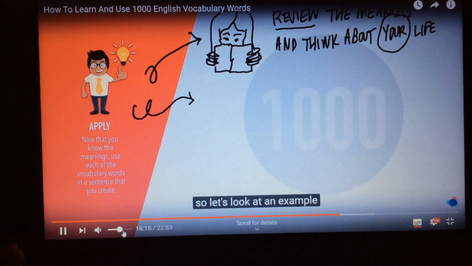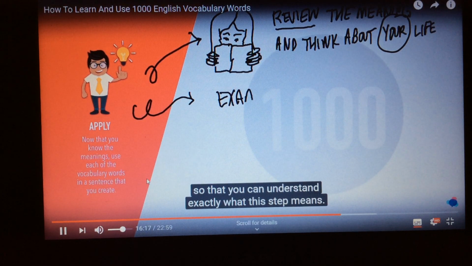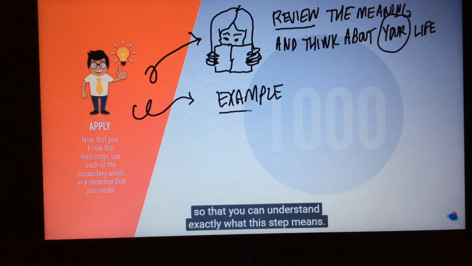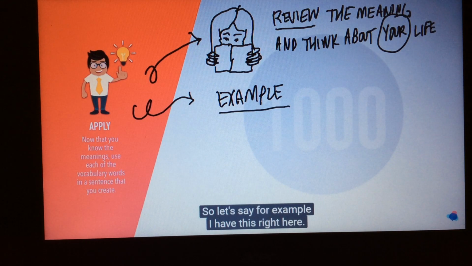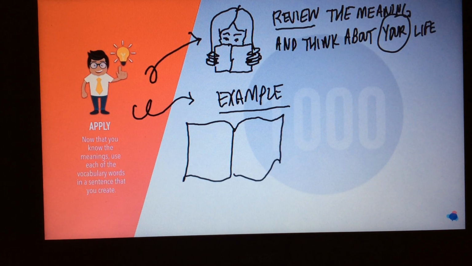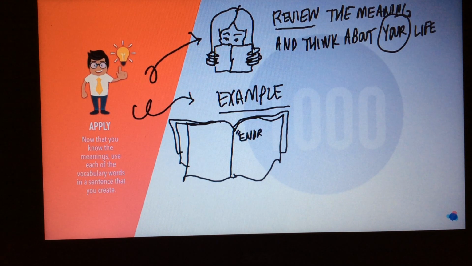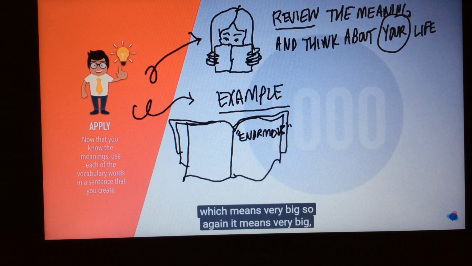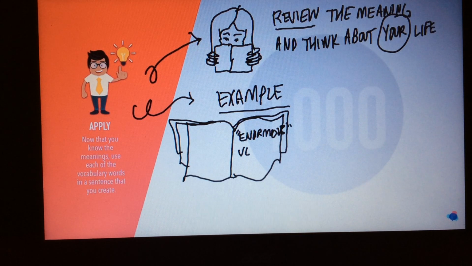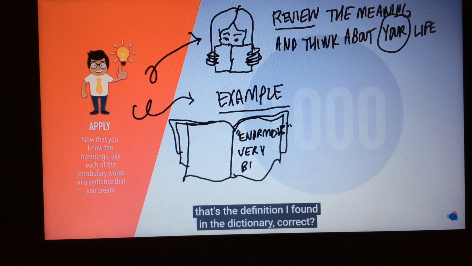Okay, so let's look at an example so that you can understand exactly what this step means. Let's say, for example, I have this right here. This is my dictionary, and the word I selected was enormous. Okay, enormous, which means very big. That's the definition I found in the dictionary, correct?